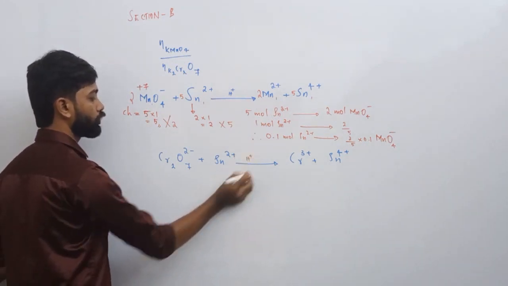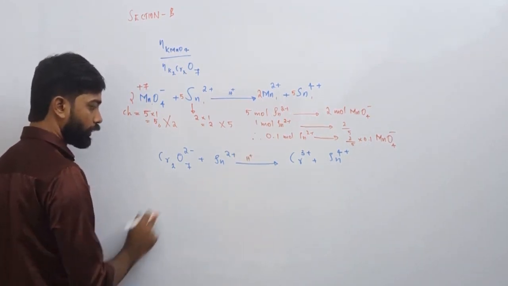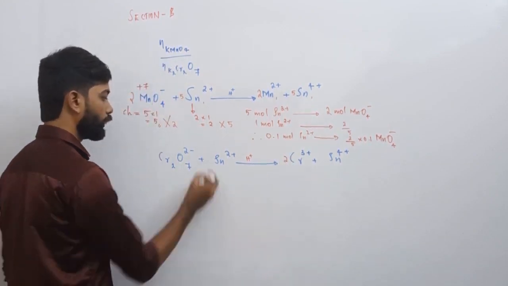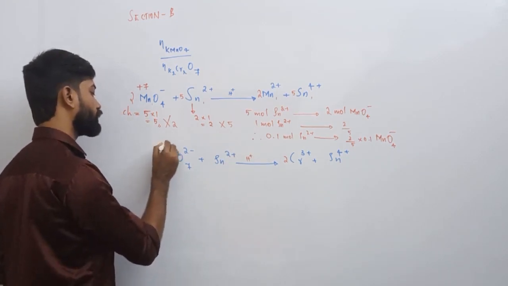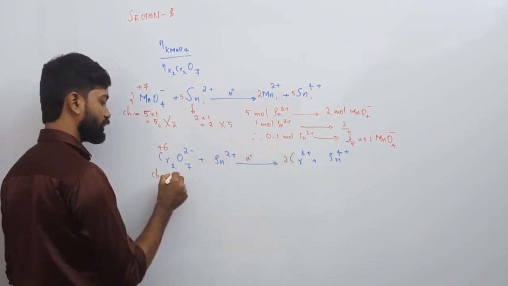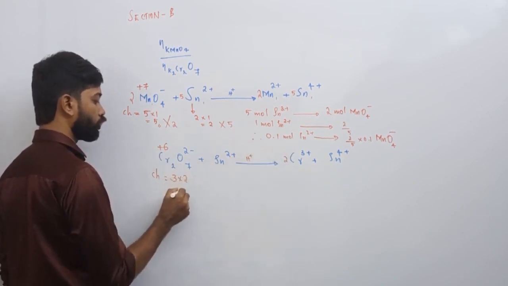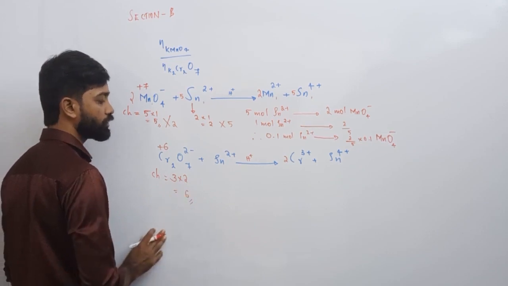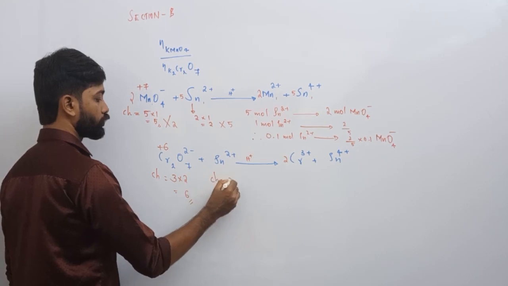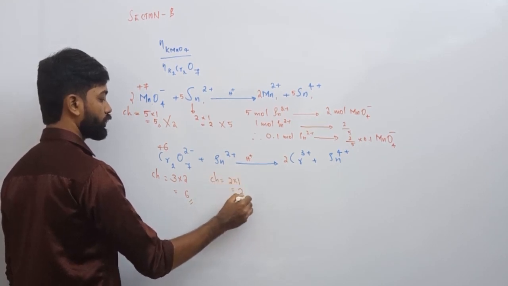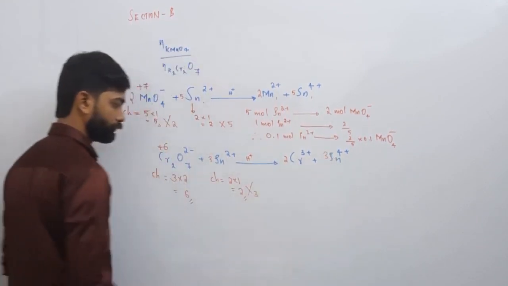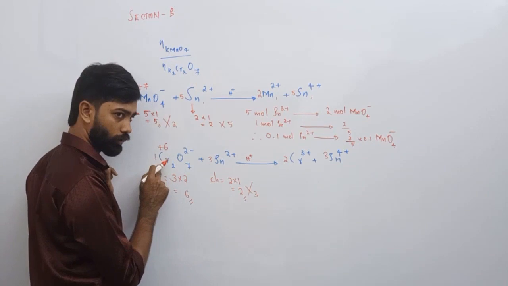Like this also, the dichromate case. Here 2 chromium, so we require 2 here. Here 1 tin, then 1 tin, fine. The oxidation state here is +6, and the change is +6 to +3, which is 3, but with 2 chromiums the total change is 6. From +2 to +4 for tin, the change is 2 into number 1, so the total change is 2. So you have to multiply this with 3.